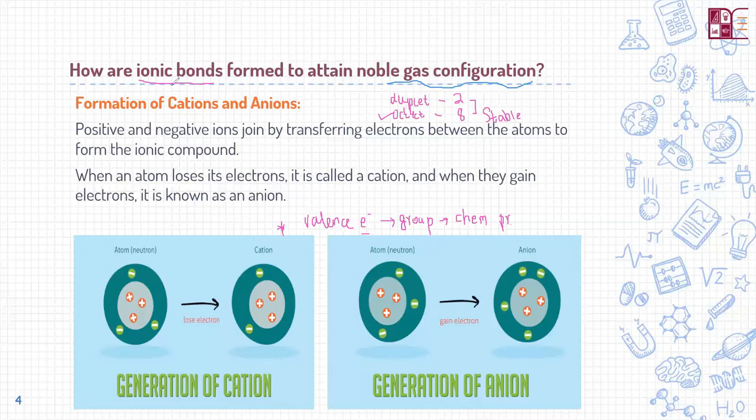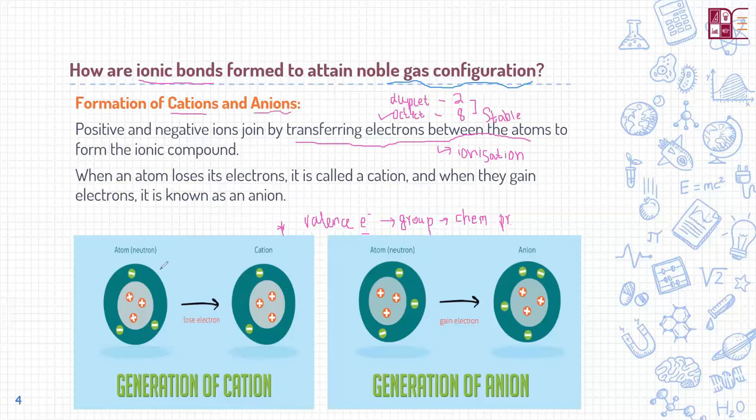This transfer of electrons between the atoms is known as ionization, because it is the formation of ions when the electrons are transferred between the atoms. Either cations or anions are formed depending on the transfer.